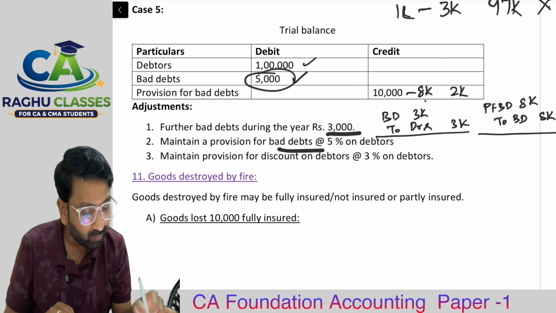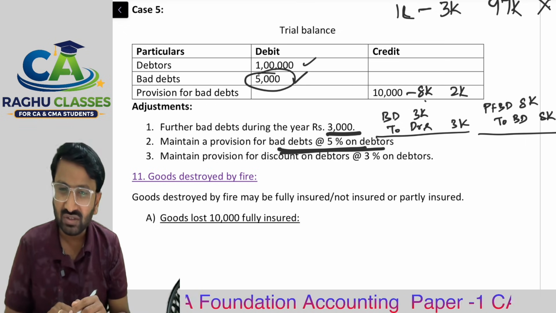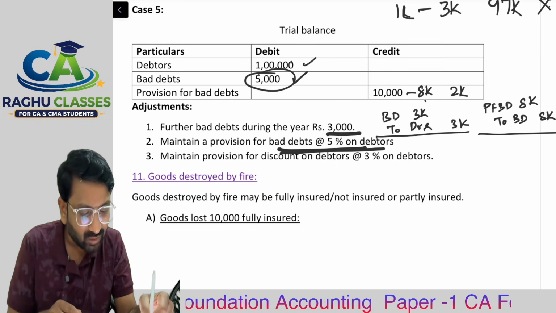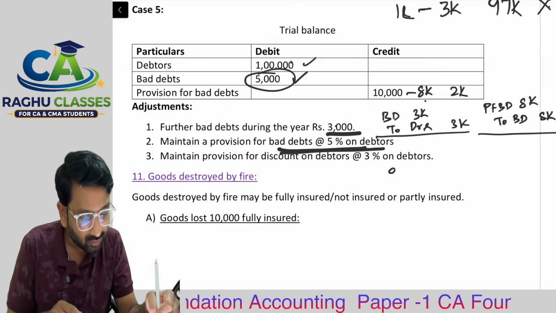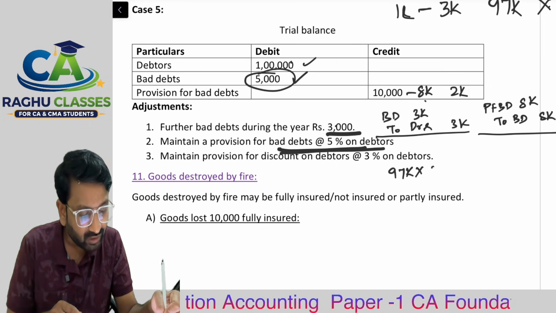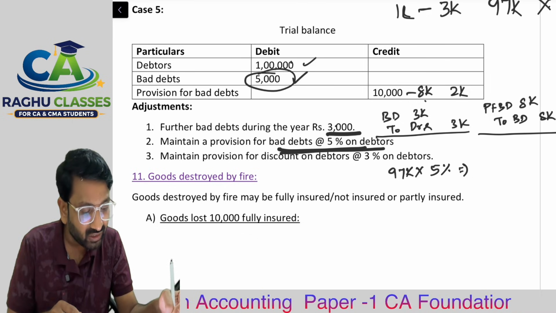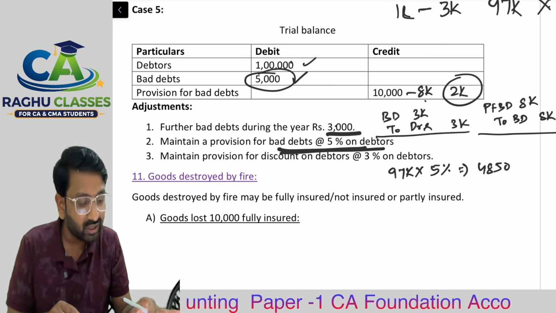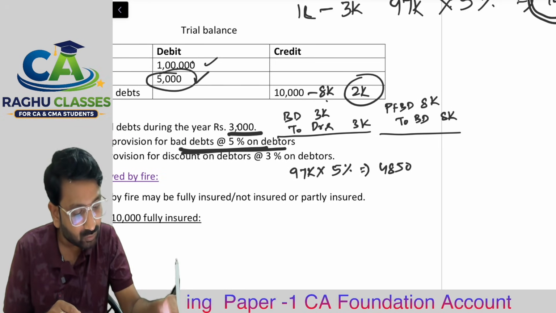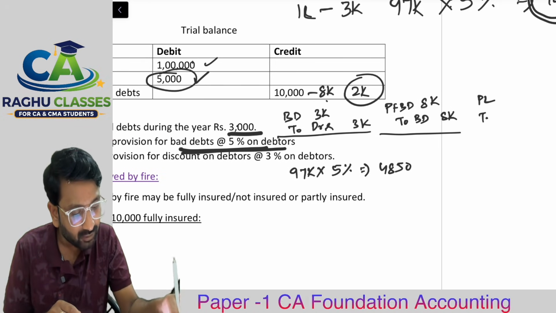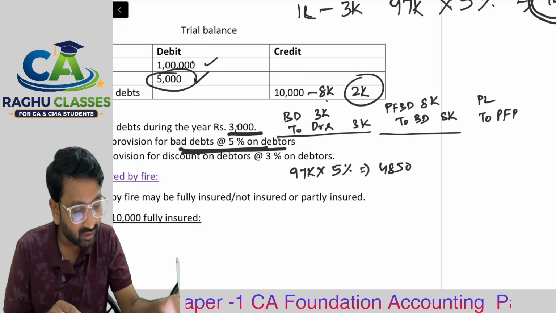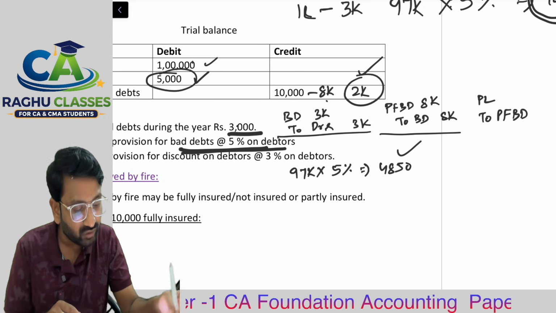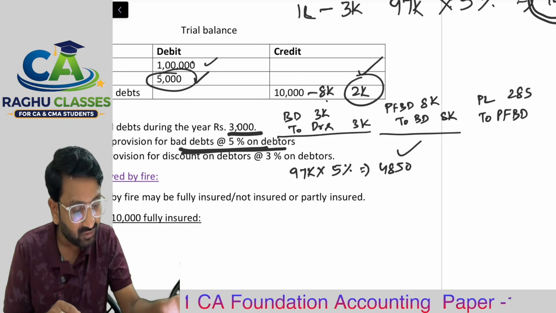Now they say you should maintain 5% on debtors. This is also the same. 1 lakh minus 3,000, 97,000. On that I should maintain 5%, which means 4,850. I already have 2K with me, so I'll create only the remaining 2,850. So P&L account debit to provision for bad debt. The difference between 2,000 and 4,850, I'll create 2,850.